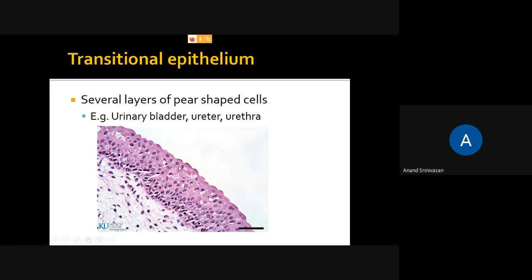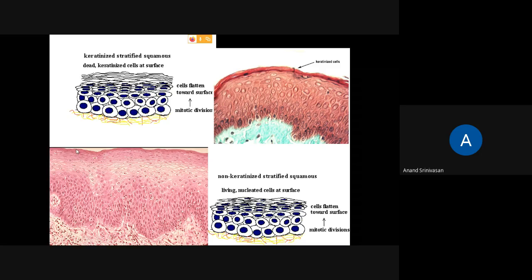If there are rounded and umbrella-shaped cells, it's transitional epithelium. If the topmost layer has flat cells, it is stratified squamous epithelium. If there is a keratin layer, it is stratified squamous keratinized. Here it is stratified squamous non-keratinized epithelium.